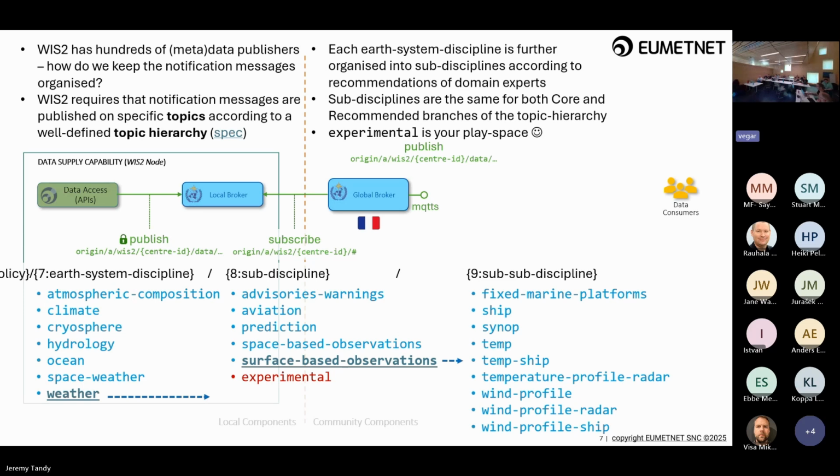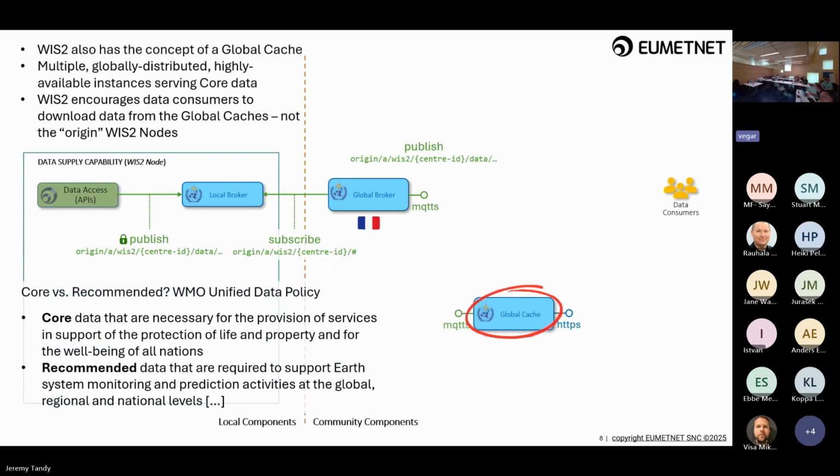I won't go into any more details on that. So I'm going to mention global cache. The WIS2 infrastructure is designed to support provision of data from 190 countries to a global audience.